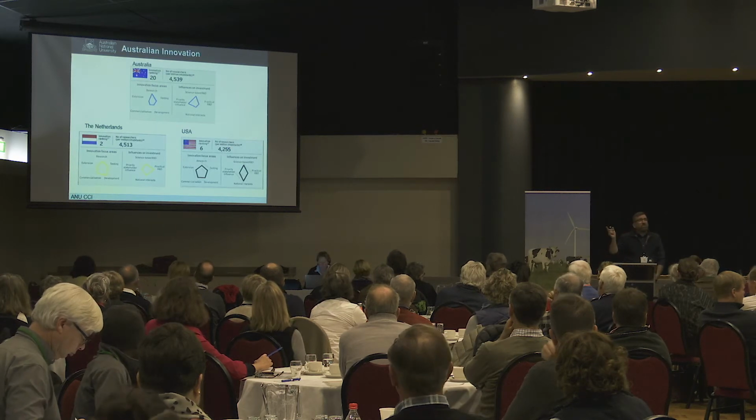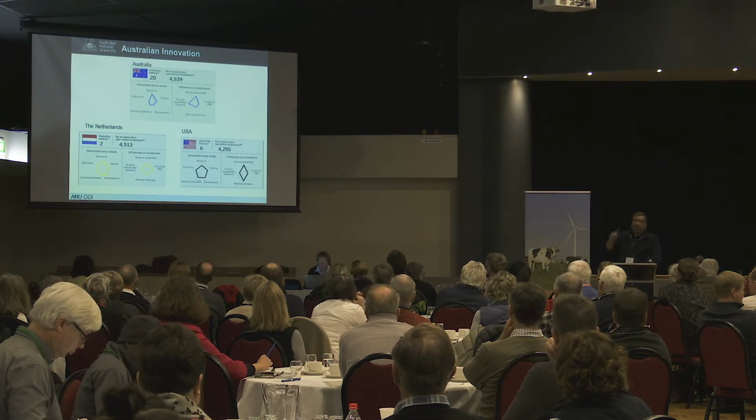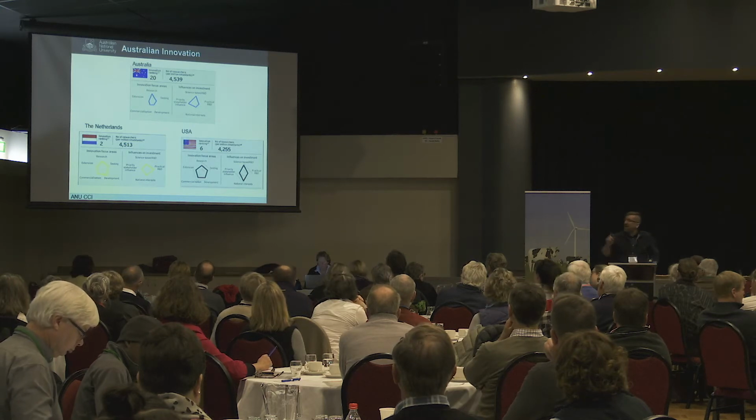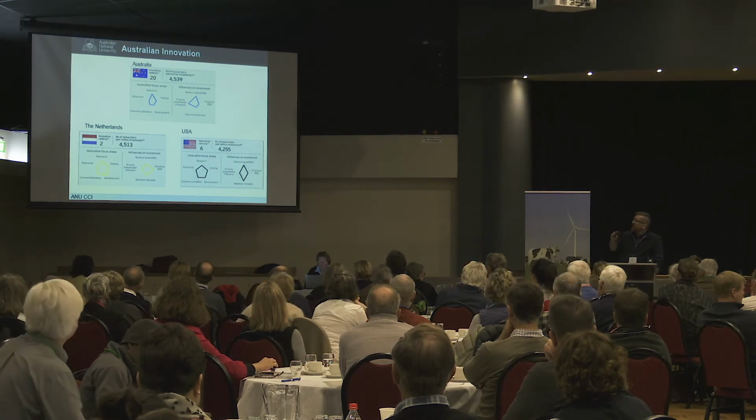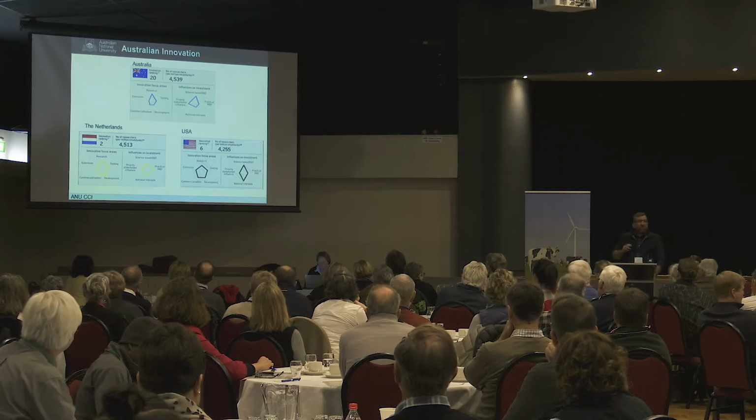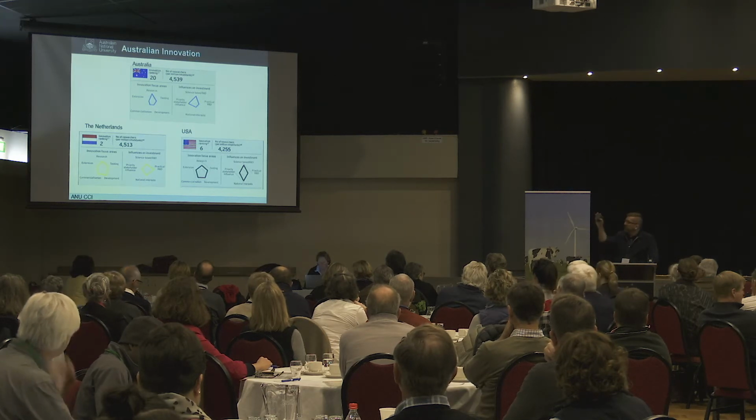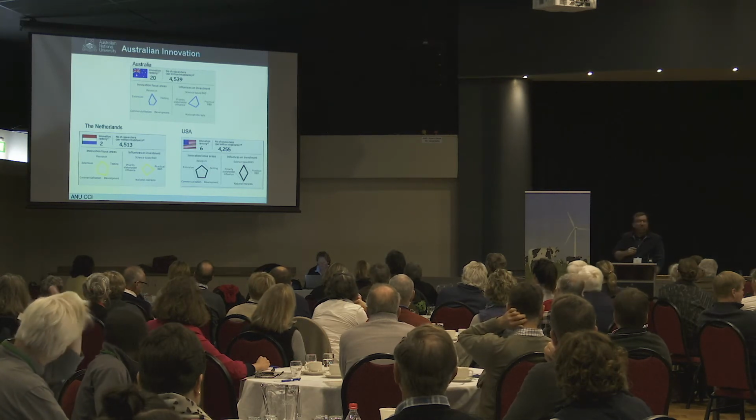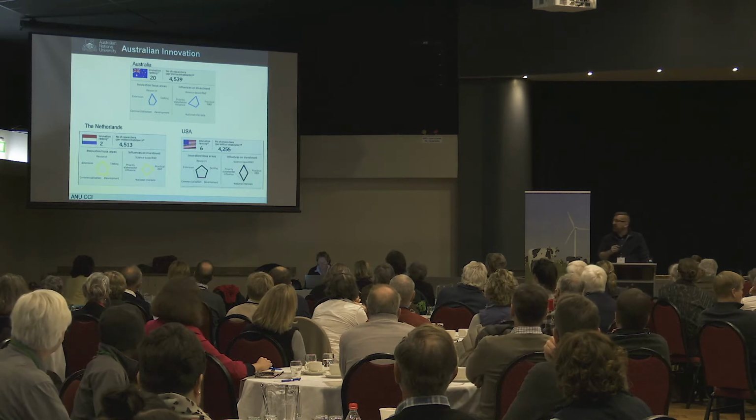I wanted to do a comparison of Australian agricultural innovation, and compare Australia, which is currently ranked 20th, versus the Netherlands and the USA, which are ranked 2nd and 6th respectively.